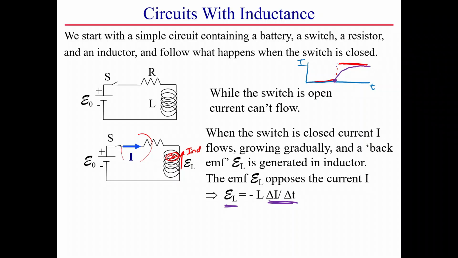My induced EMF is going to get smaller and smaller until my current is approximately steady. We call that a steady state because our current is effectively constant. And if my current's constant, then my rate of change is 0, my back EMF is 0, and this basically behaves like a wire.